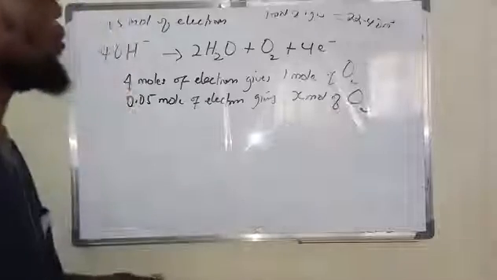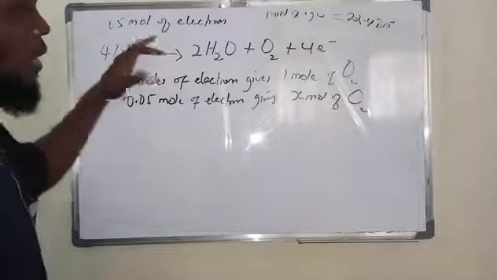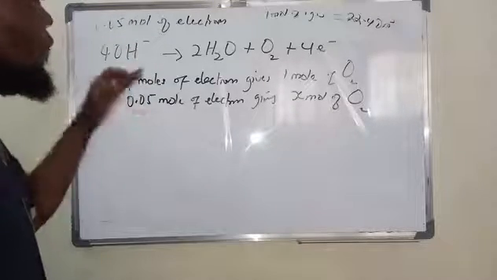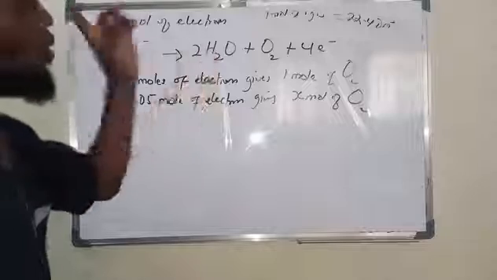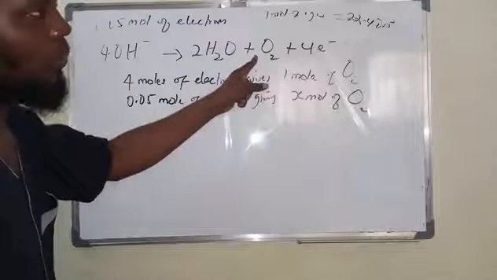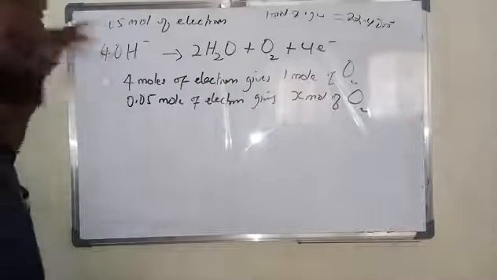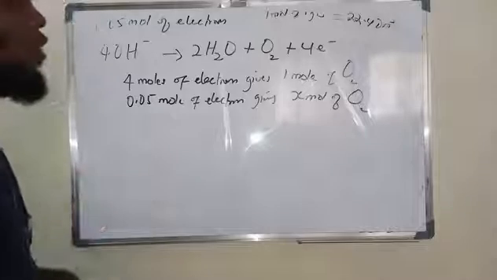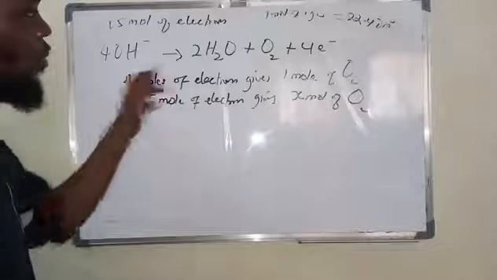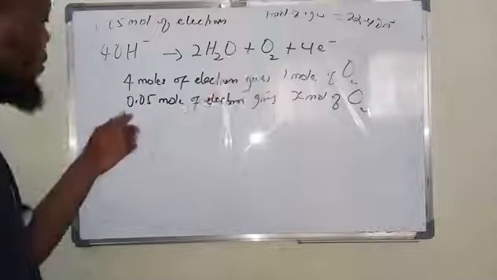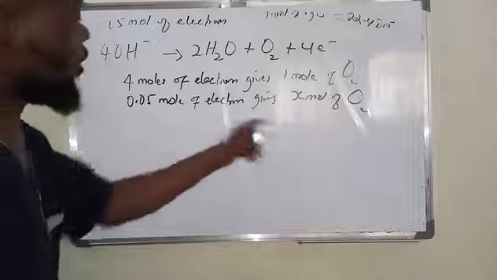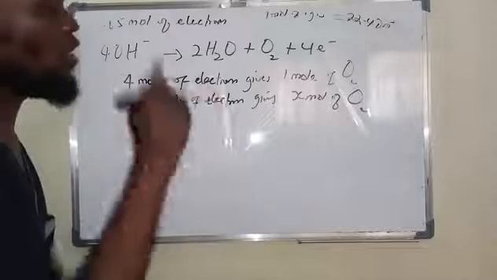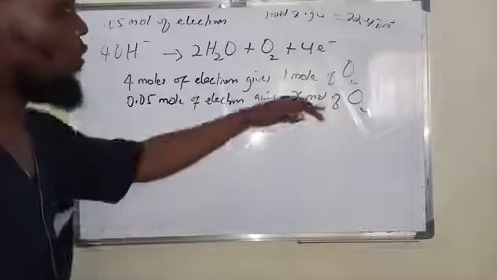The balanced equation shows that 4 moles of electrons are involved in the generation of 1 mole of oxygen, but the question gives us 0.05 mole of electrons. So we first need to determine the number of moles of oxygen that is generated.